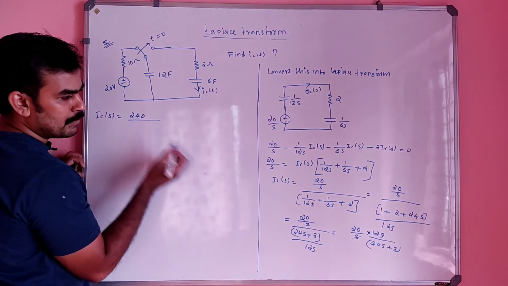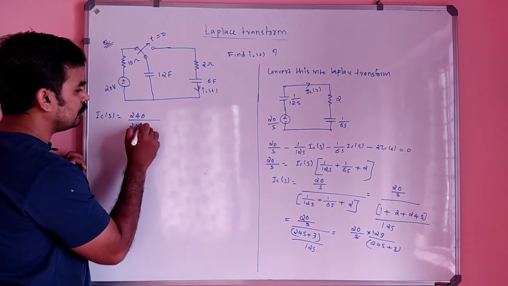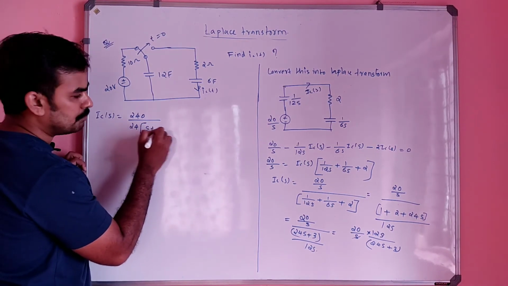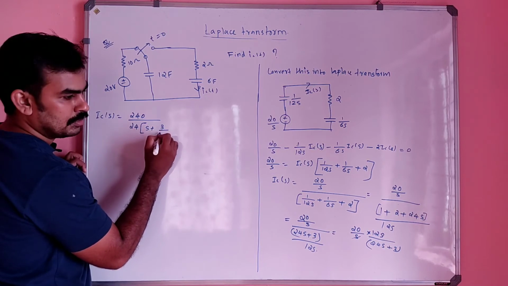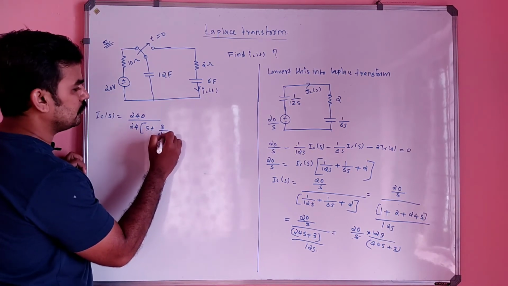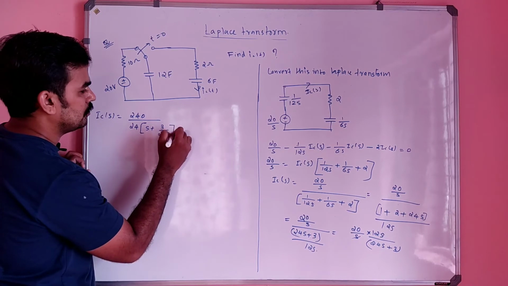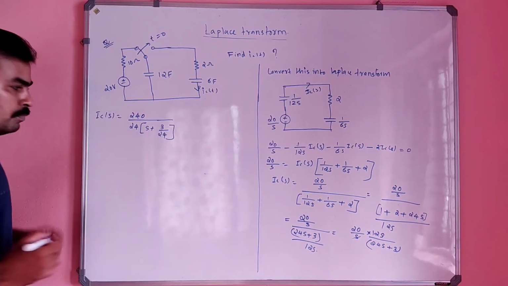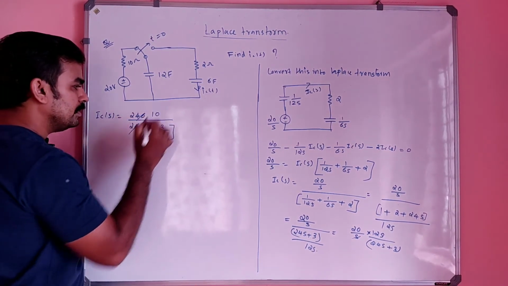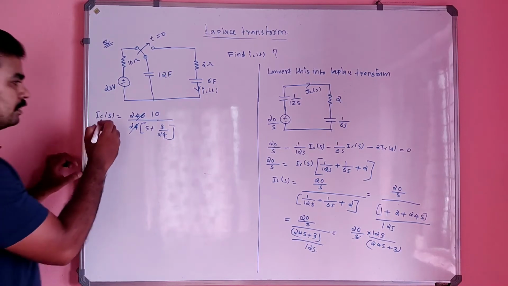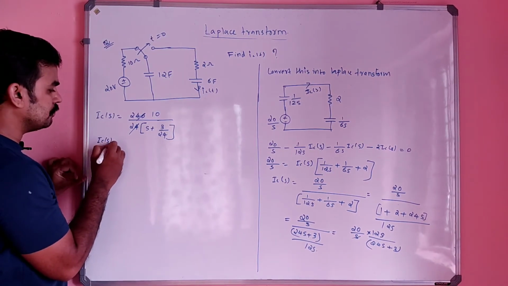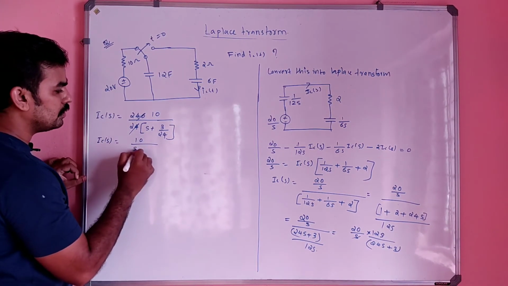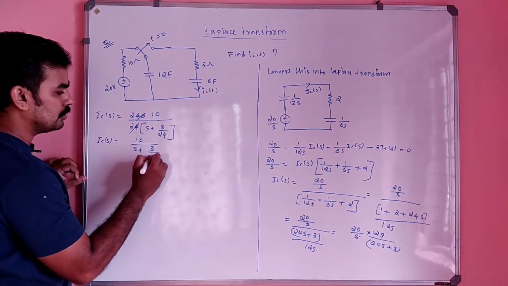Divided by 24 into s plus 3 by 24, you can take 24 outside. Correct? This can be cut and it will be 10, right? So finally IC of s will be equal to 10 divided by s plus 3 by 24.